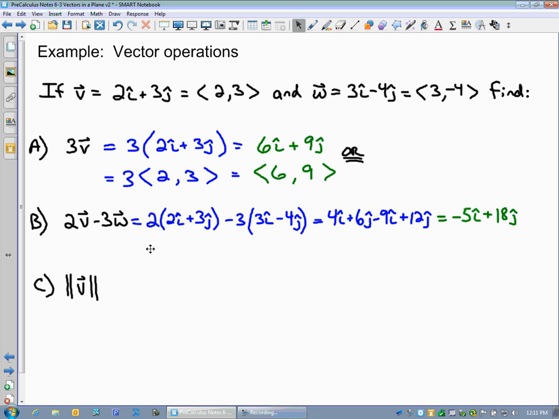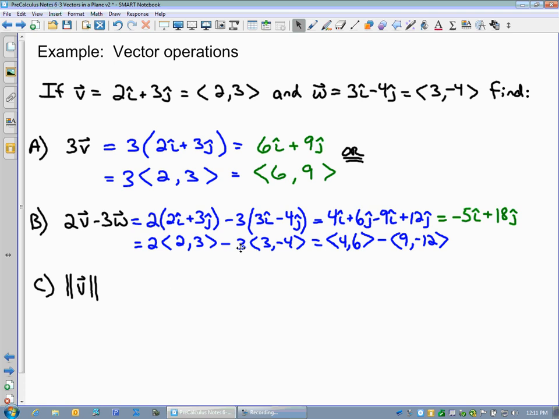Now for angle brackets, we're going to start out with 2 times vector v and then minus 3 times vector w. I'm going to distribute on the first one: it's 2 times 2 and 2 times 3. That gives me <4, 6>. But I'm going to leave the negative here, and I'm only going to distribute the 3, only the magnitude there.